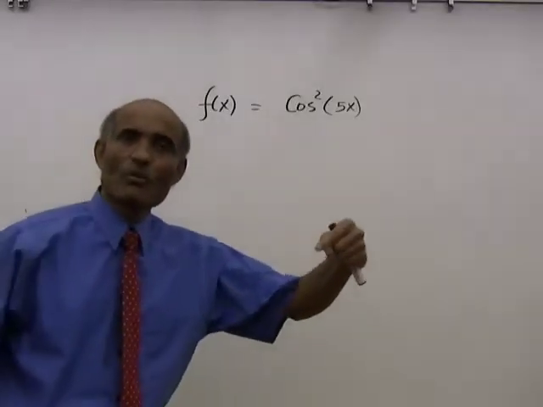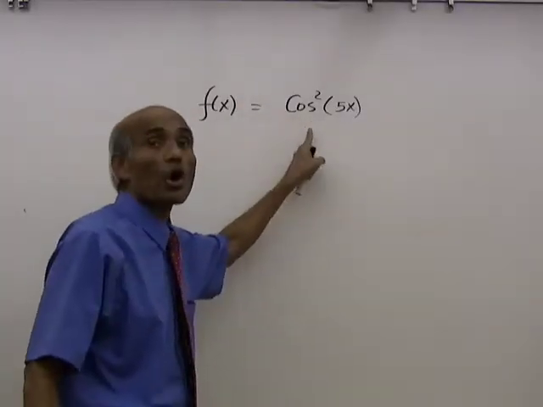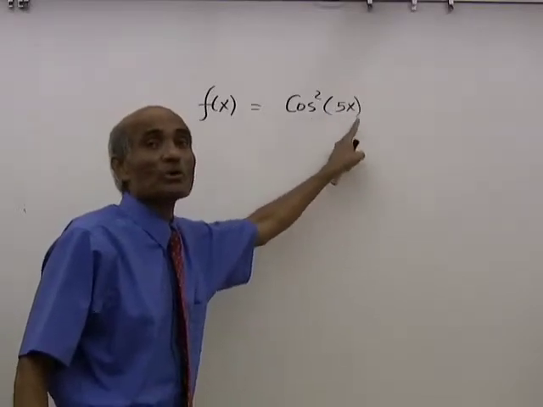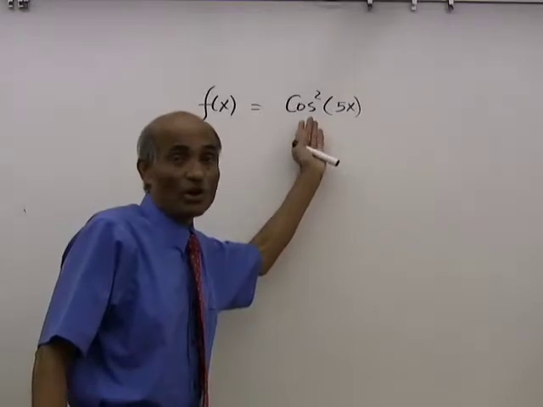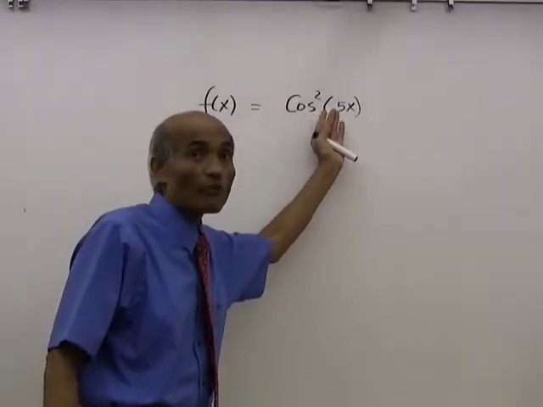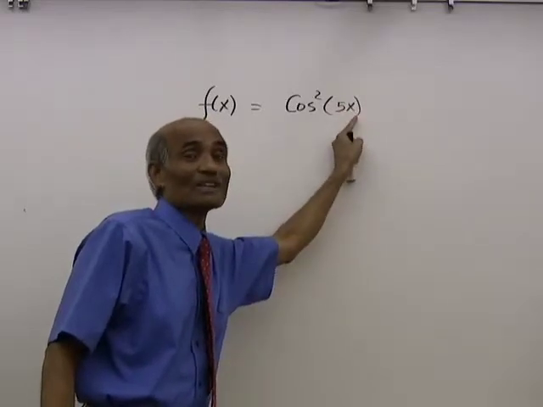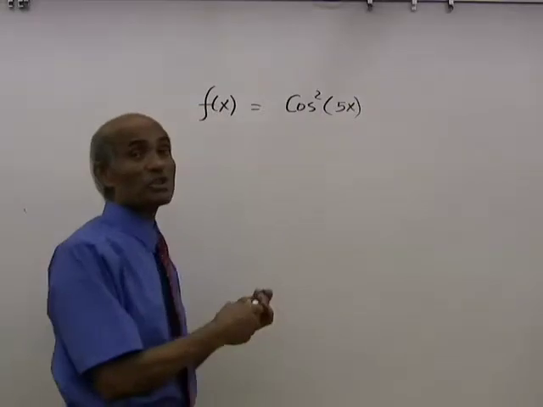Alright, we've got one more difficulty level here. F of x equal to cos squared 5x. There are two chain rules in here. First of all, it's the square of a quantity and cos squared of a quantity. Now, deal with cos squared quantity first.